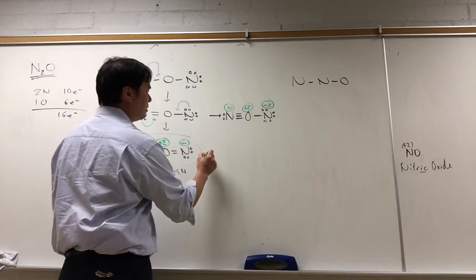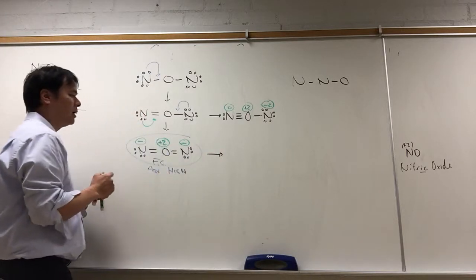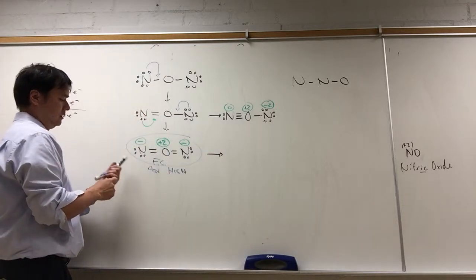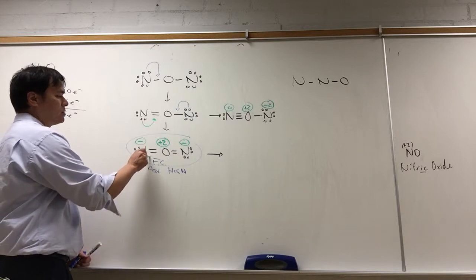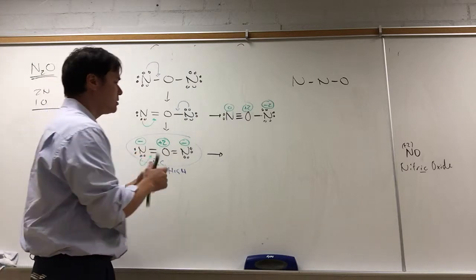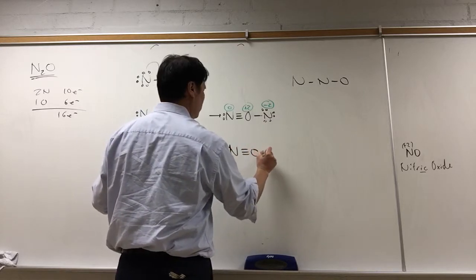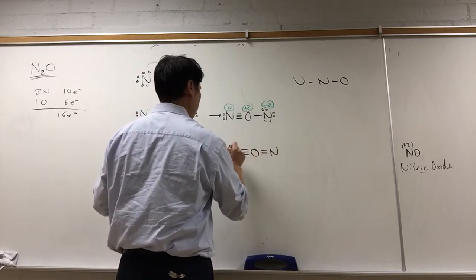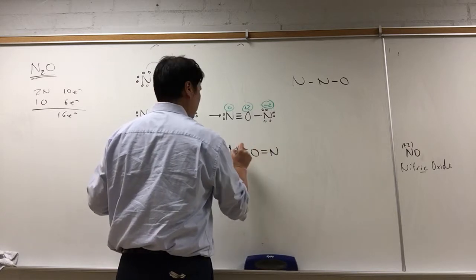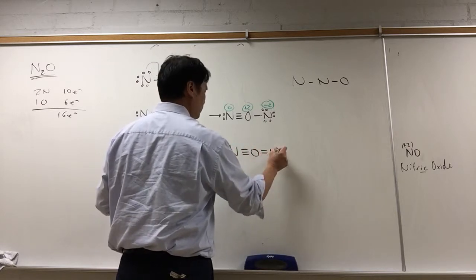Let's try this. Let's try to form another bond here. If I take another pair of electrons and drop them into the bond, what that does is it removes electron density from this nitrogen and gives some to oxygen. And so we end up with a structure that looks like this.